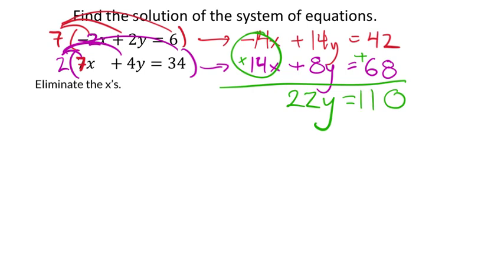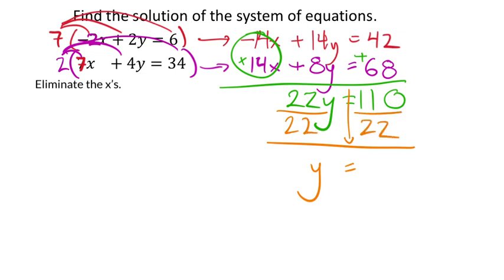So with this now, I can solve for y by making the coefficient of y a phantom 1. So I take the 22 and divide it by itself. If I do it to one side, I've got to do it to the other side. And it appears that the y value is going to be a solid 5. So in my ordered pair, I just found a y value that is 5.